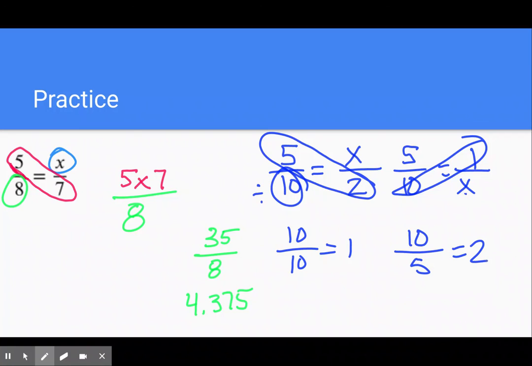Do you see how it doesn't matter what I do, I'm still going to get the same equivalent fraction. So let's try x over 10 equals 1 over 2. 10 times 1 is 10. 10 divided by 2 is 5. So it's just an easy way to find that missing number.